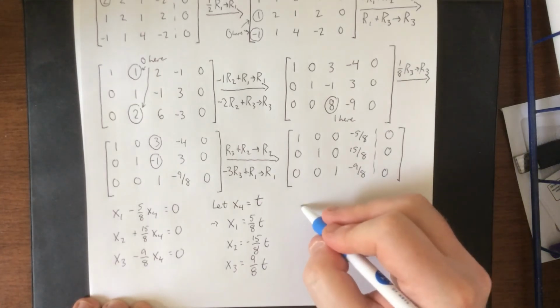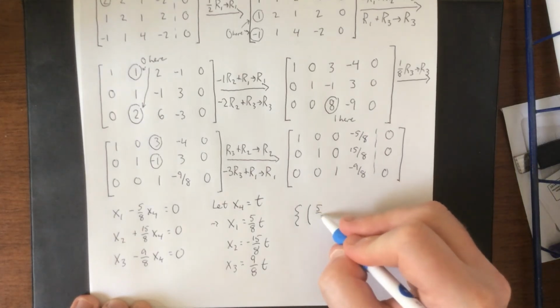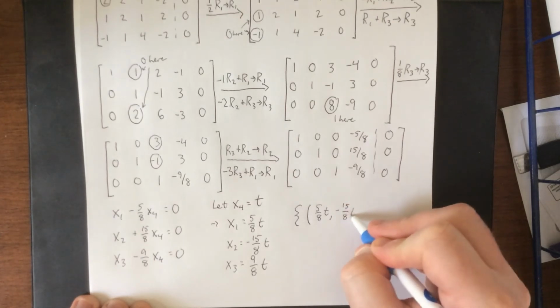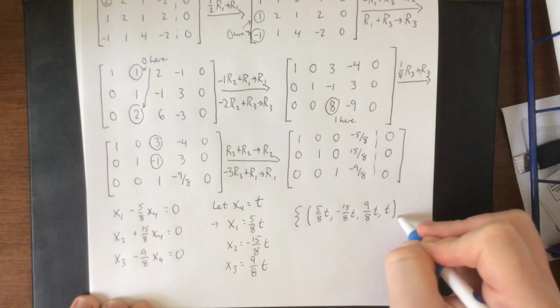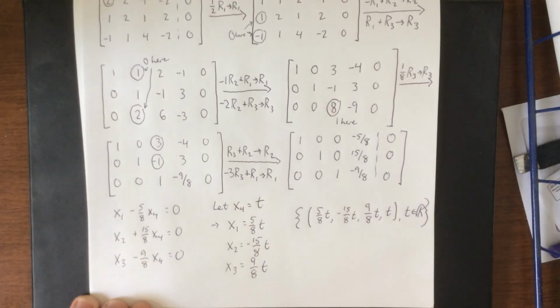So the solution set is going to be the set of all ordered quadruples, I guess, of the form 5/8 t, negative 15/8 t, 9/8 t, and t, where t is an element of the set of real numbers. That is the solution of our homogeneous system.